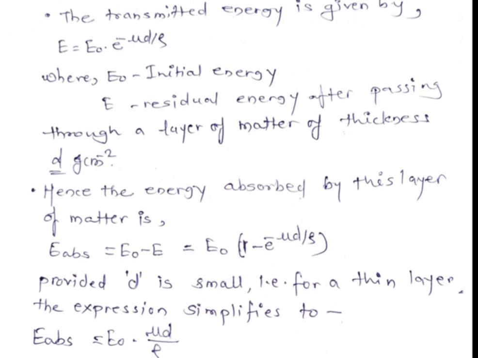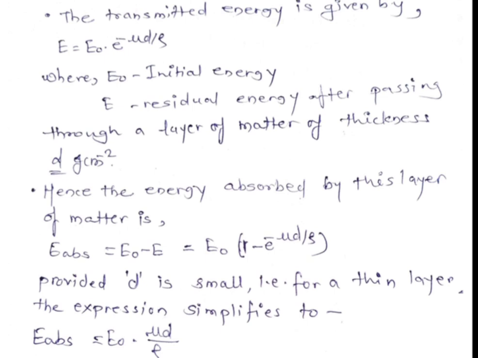Here E0 is the initial energy, and capital E is the residual energy obtained after passing through a layer of matter of thickness d gram per centimeter square. When the radiation passes through that matter, its remaining energy is capital E, and the initial energy of that radiation is E0.